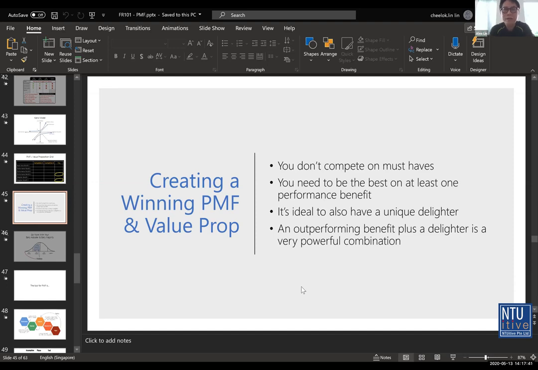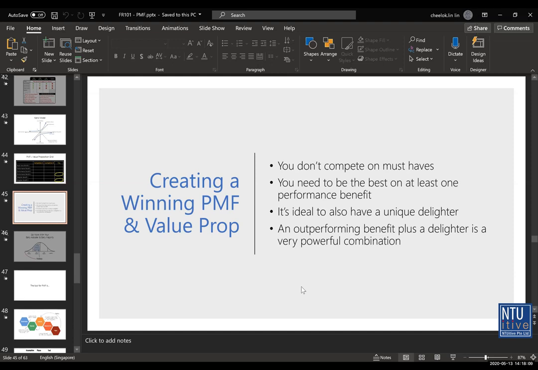For example, number one, it feels heavier. Why is it feeling heavier? Because it makes you feel that this one is valuable. Number two is that when you're able to take the latest iPhone out, you become the star of the room, right? So that is something that you subconsciously, emotionally want as a customer. So that is a delighter.